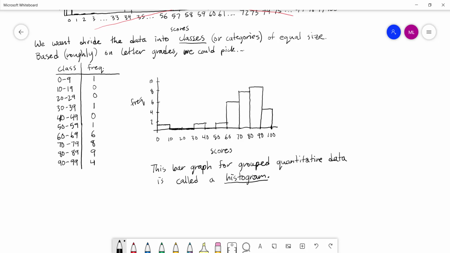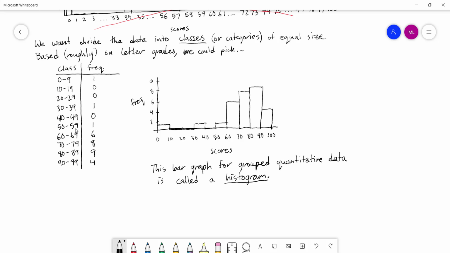It's possible to pick different classes than the ones that we picked. We picked ours based on some sort of preconceived notion. We said there's a natural way to break up this data if it represents scores. We might semi-correspond them to letter grades and think of A's, B's, C's, and so on, and then do an F plus and an F and an F minus and an F minus minus and an F minus minus minus, and so on, to distinguish between good Fs and bad Fs so that we have all these different classes.